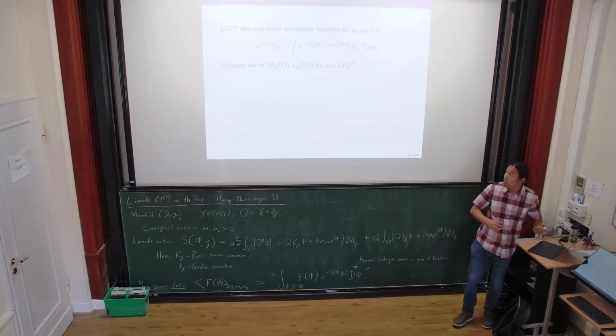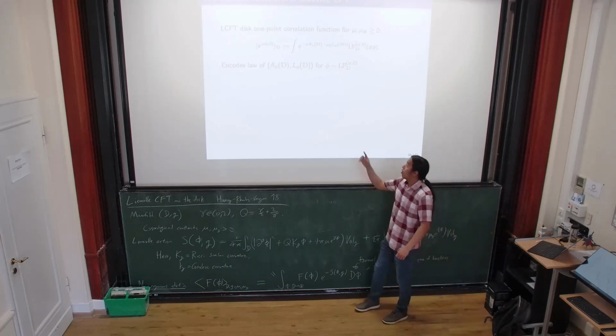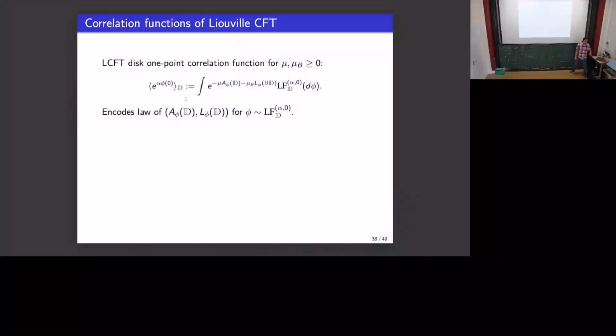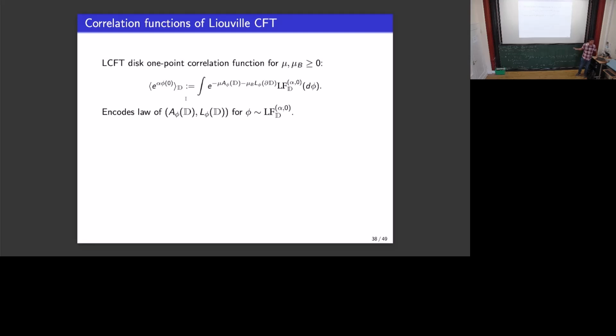So this allows us to define the one-point correlation function on the disk via this integral. I dropped the partition function of the free field because that doesn't matter for our purposes. But this is a rigorous definition you can make. Okay, so starting with the Liouville action, we can end up with this definition for the one-point correlation function.